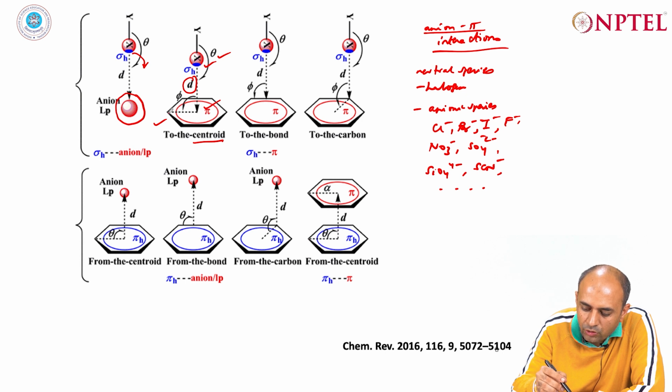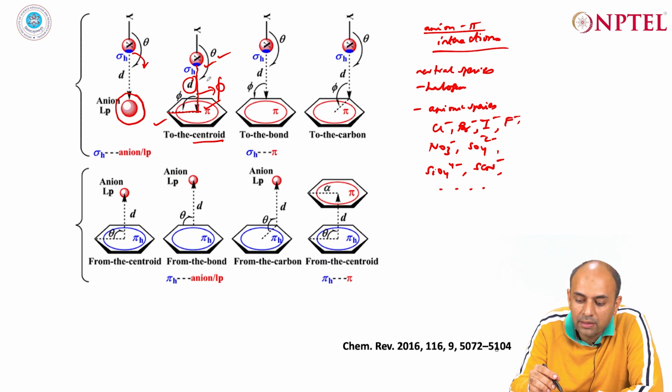These are the basic angular descriptors, and d is a distance descriptor, and together these constitute the geometrical descriptors of the halogen centered interaction.